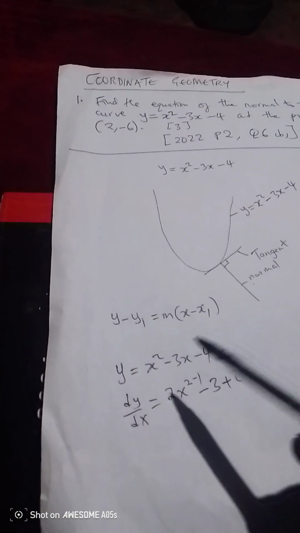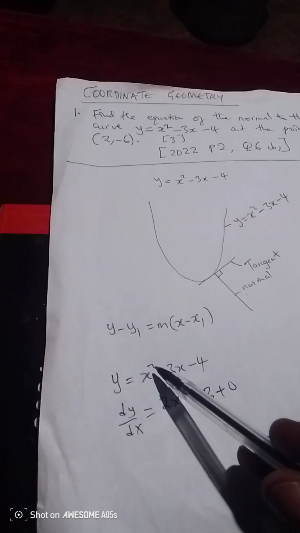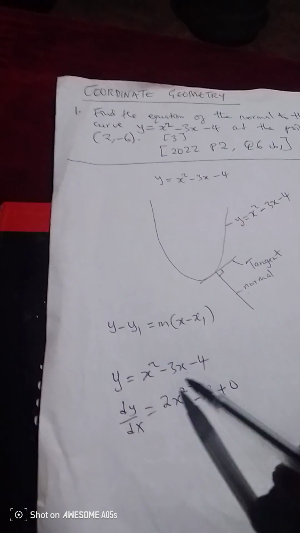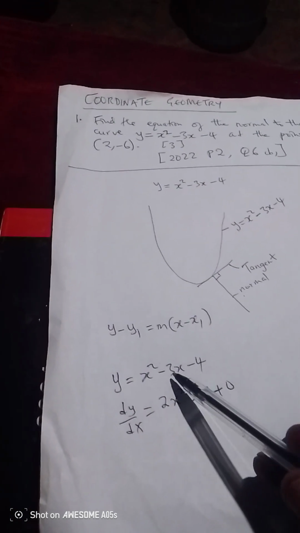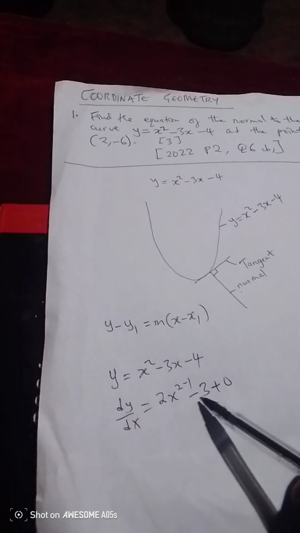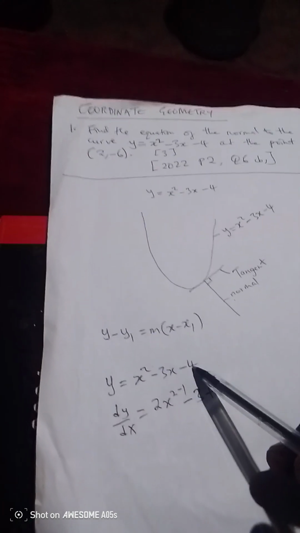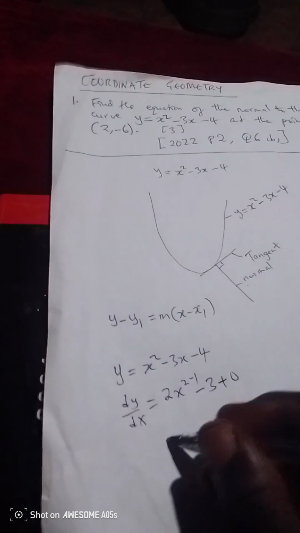So I go again. If there is a power, drop it. We drop the 2. We subtract 1 from the same power which was dropped. Then we write the variable. If a number is attached to a variable, simply write the number as the derivative. But if you have got a number on its own, write a 0 as the derivative.